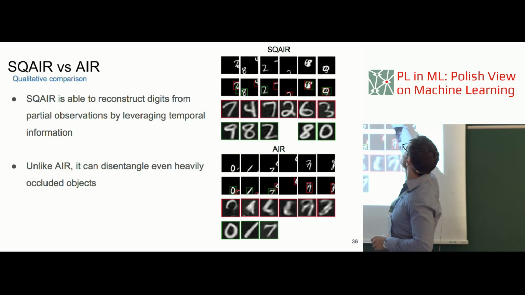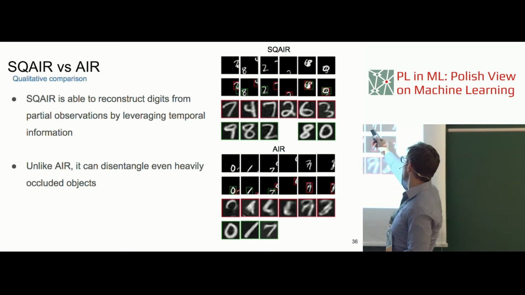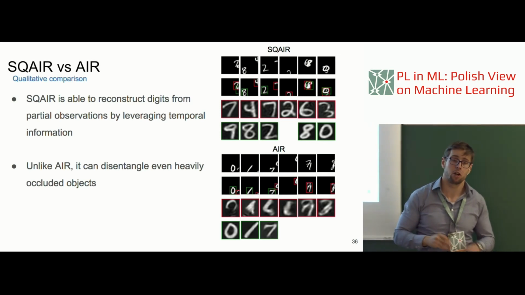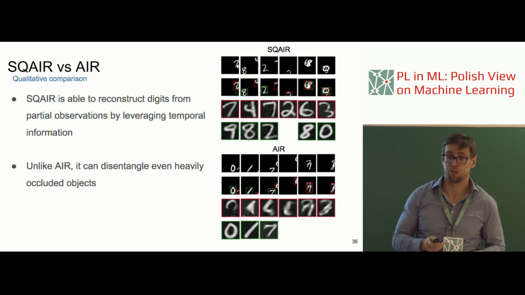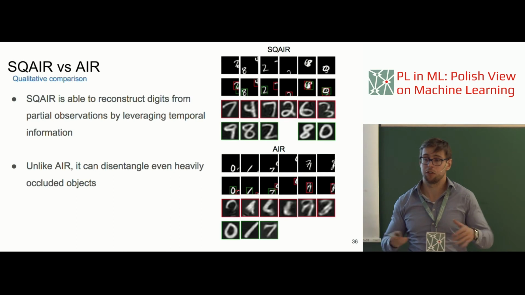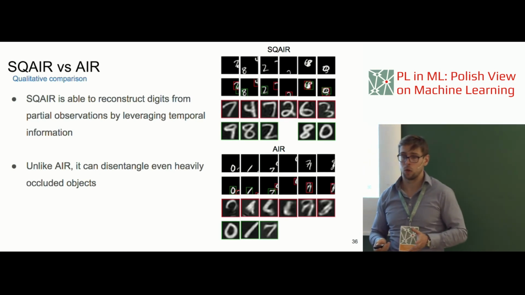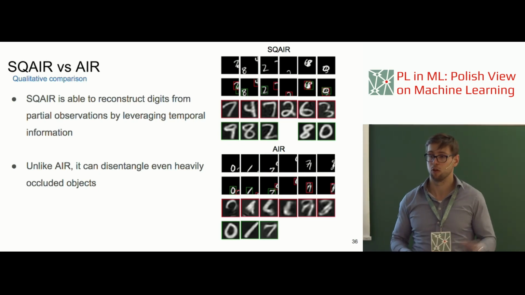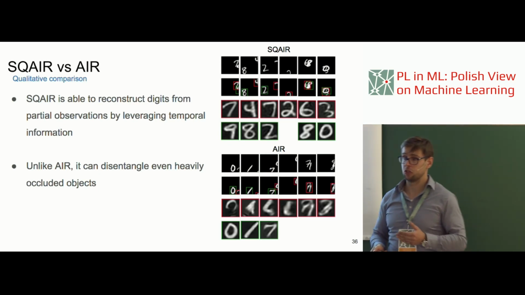I'm talking about here and here, whereas in terms of SOAIR, heavily overlapping objects are treated as the same object. This is a consequence of integrating temporal information, which is just unavailable if you process images separately.